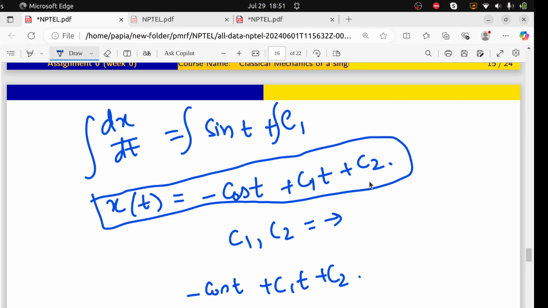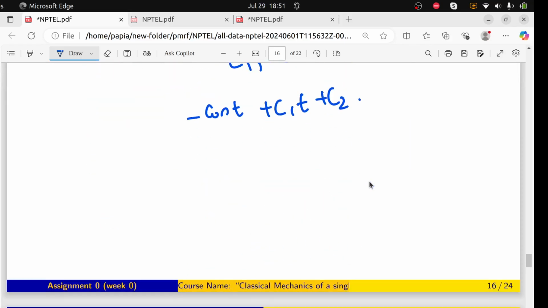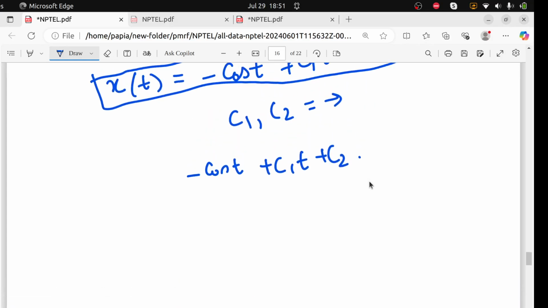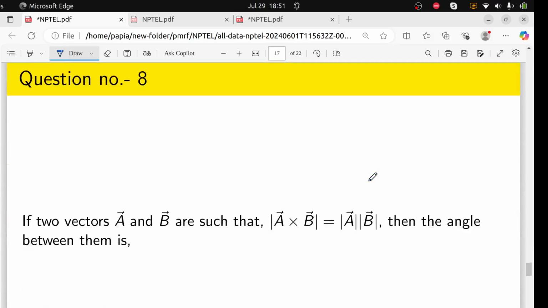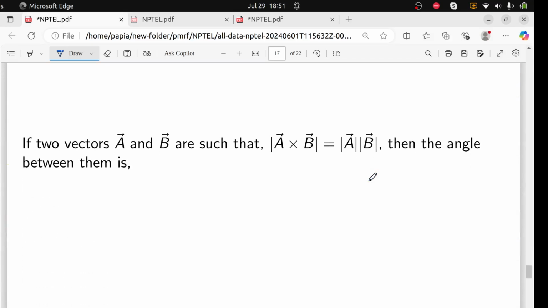That does not matter. Okay, so this is the thing. Then maybe we can go to the next question. If you people are feeling that I am a little bit hurried or a little bit slow, you can tell me so that I will do accordingly.